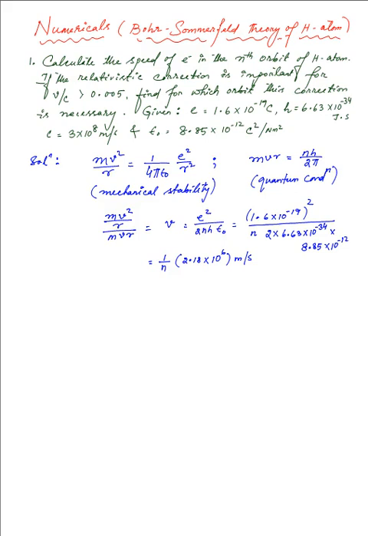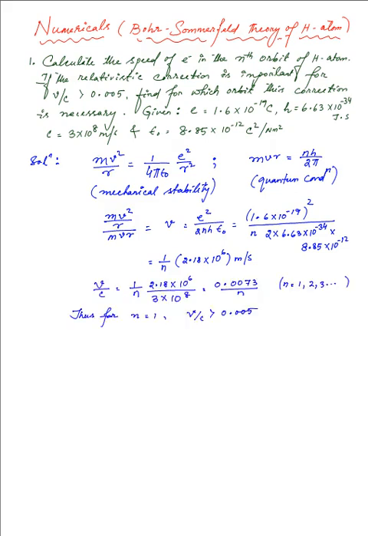For that, we take the value of V over C, the V that we have obtained over here, and the C that has been given to us, and from that we calculate the value of n, which gives V over C to be equal to 0.0073 over n.